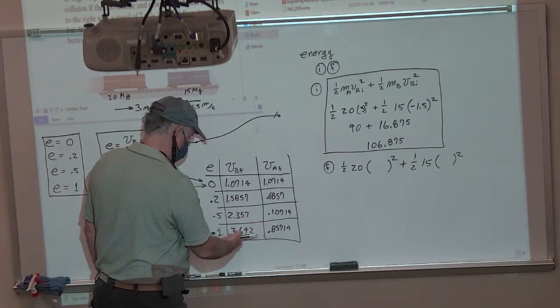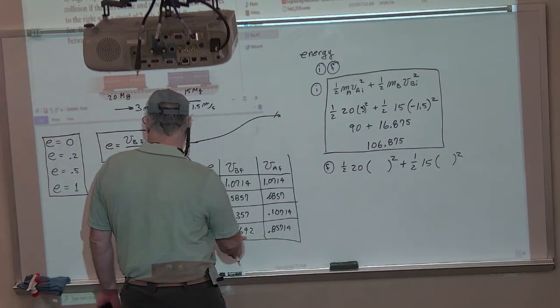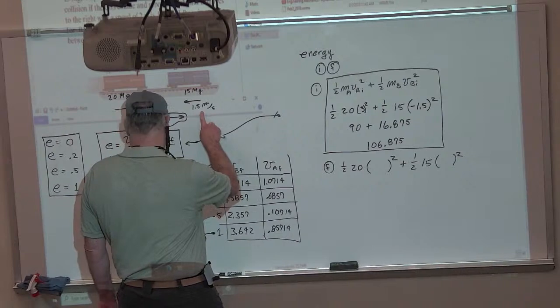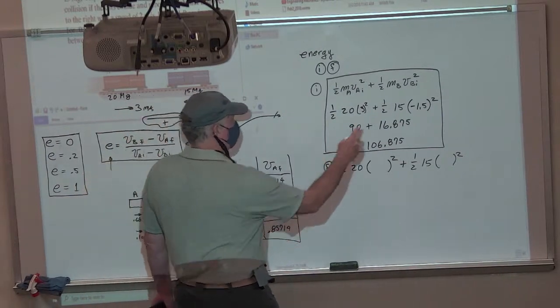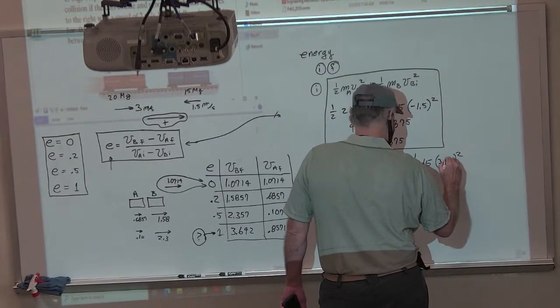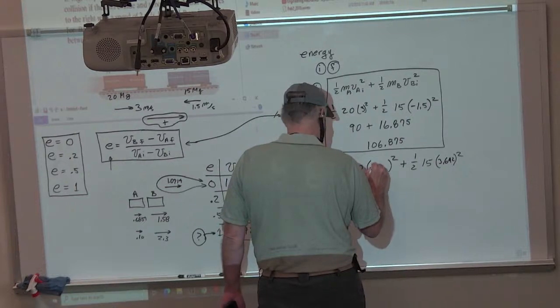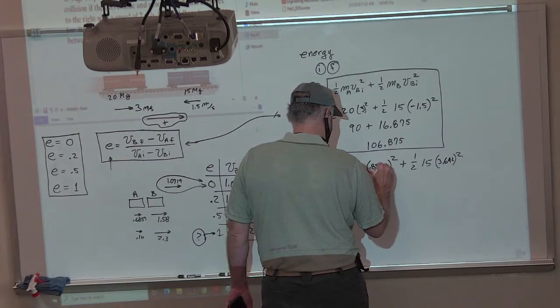I'm going to start looking at this one. This one is B moving to the right, which is 3.642. This one is 0.85714.